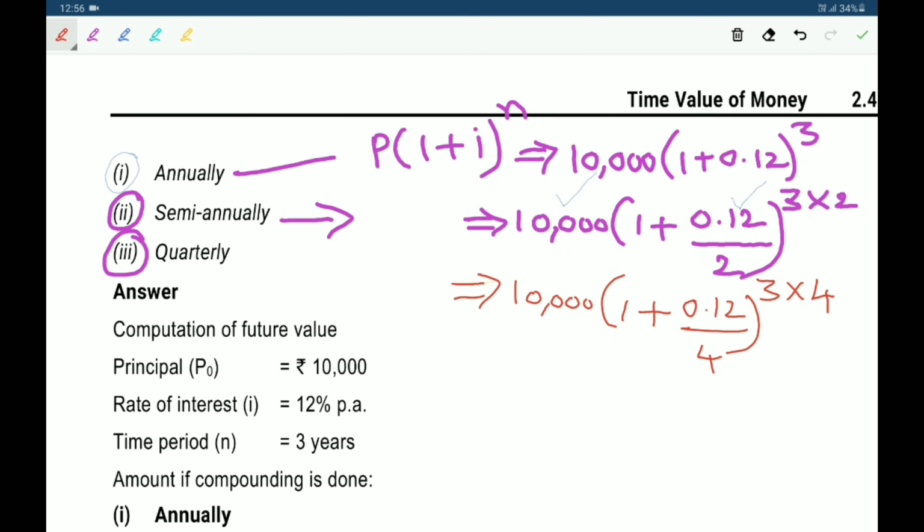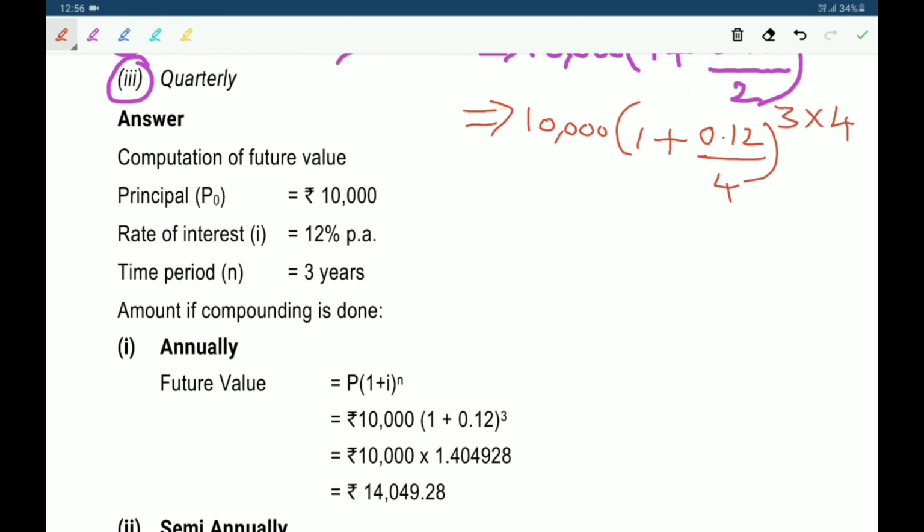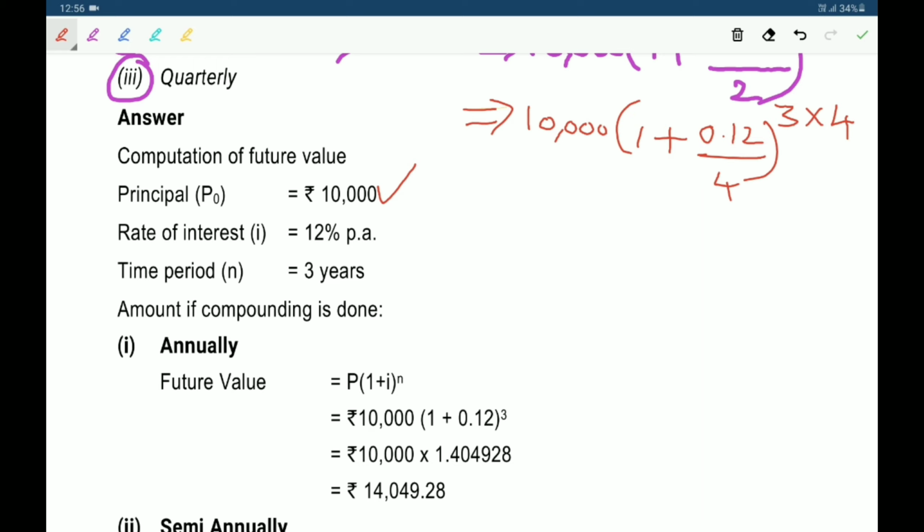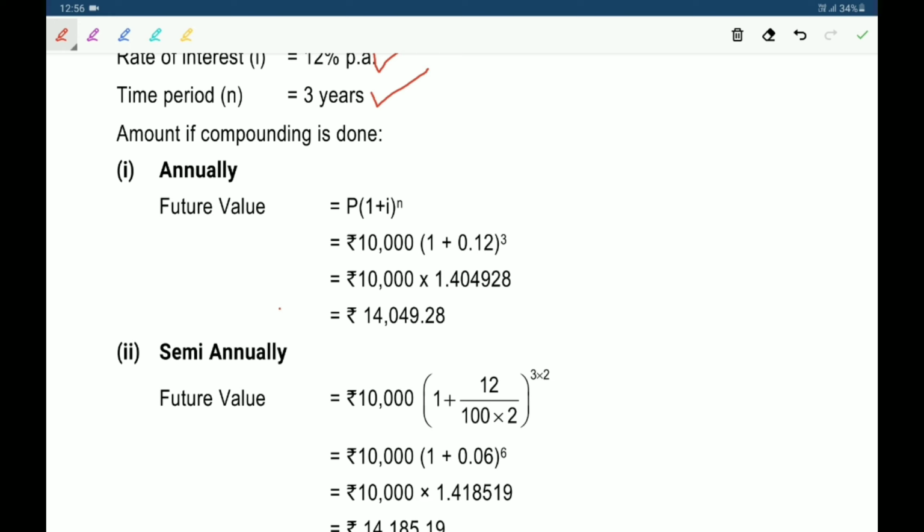So this is question number 1. Now we see the answer. Principal amount 10,000 rupees, rate of interest 12% per annum, time period 3 years. So annually, 10,000 into 1 plus 0.12, annually that means 3.